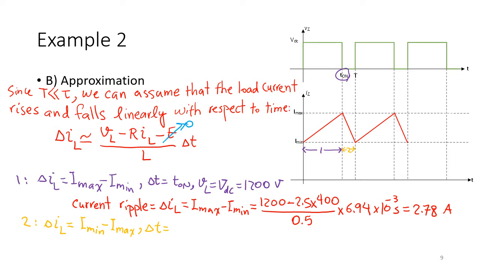What is the delta T this time? T minus T1. Yes, thank you. What is VL this time? 0. Okay.